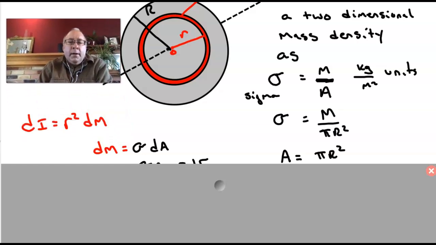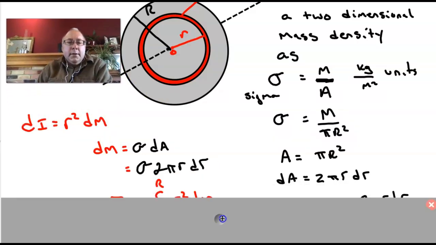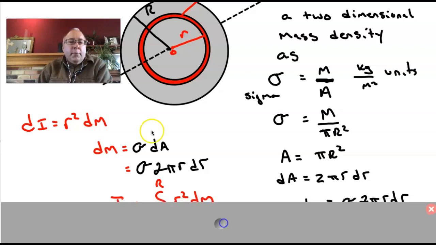So what we can do is, if we solve here for m, and we do dA dr, we can see that our dm would be sigma dA, and since the sigma is a constant, we're going to have 2 pi r dr. So when you take pi r squared and do dA dr, you'll get 2 pi r dr.